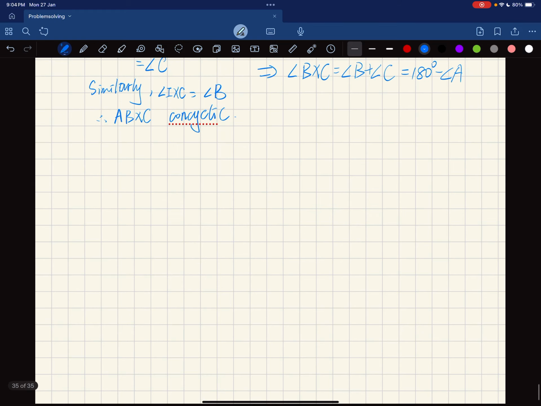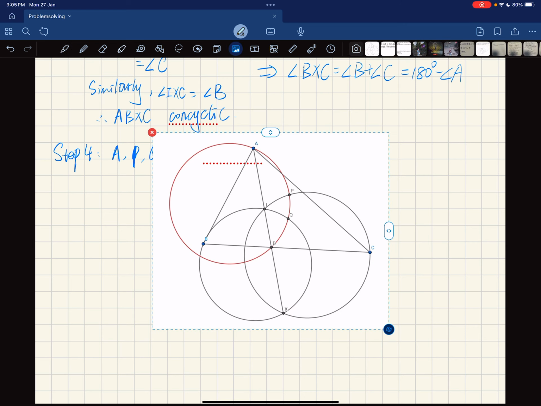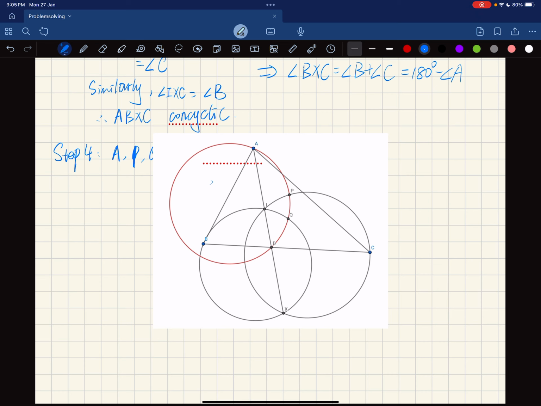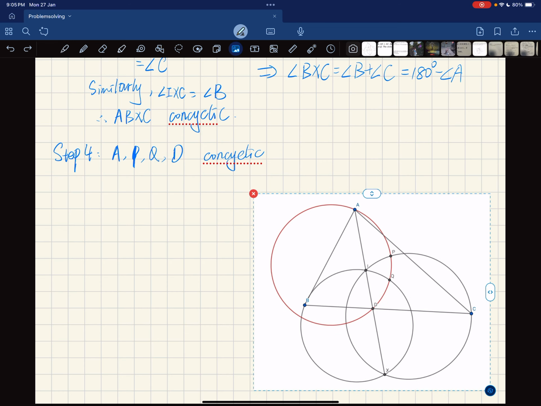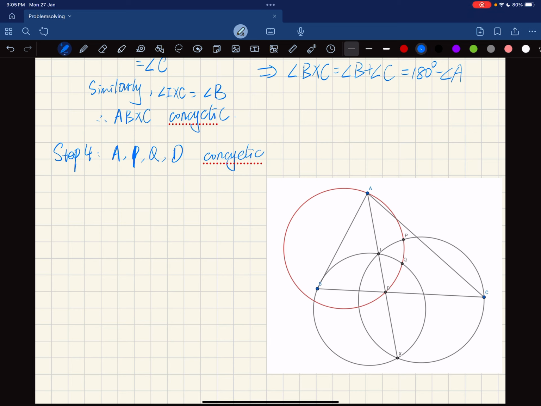Okay, so here it comes to the last step. A, P, Q, and X. Not X. D are concyclic. So let's use a new diagram. How can we show that? You can just see this diagram.